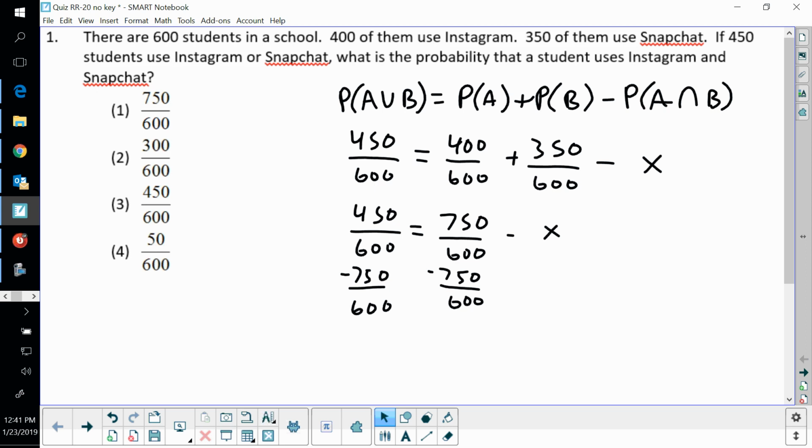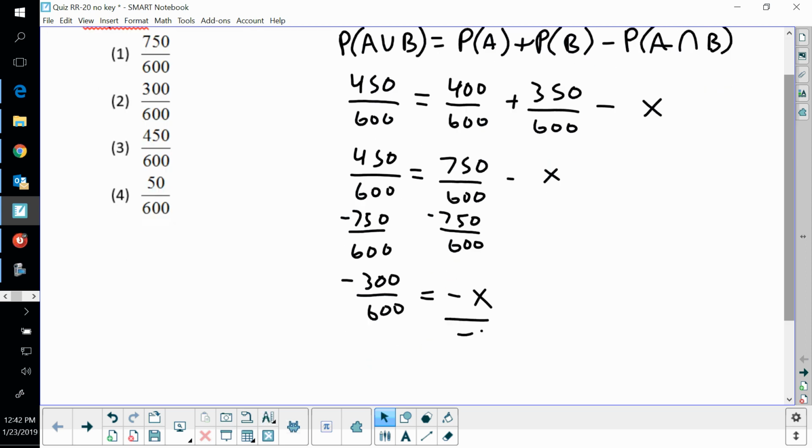And when we do that, we would get minus 300 over 600 equals minus x. And we would divide by -1 to get 300 over 600 equals x. So that would be choice 2.